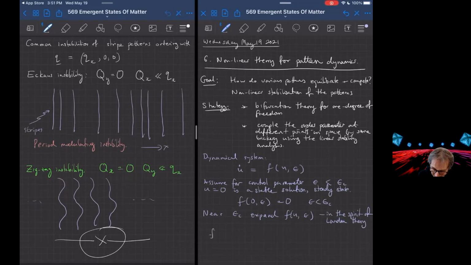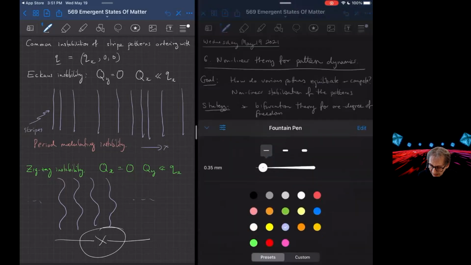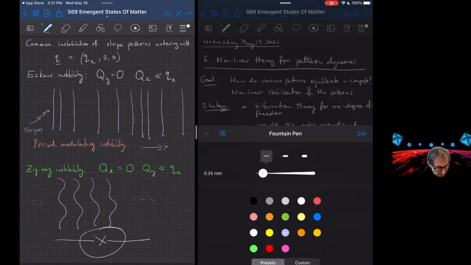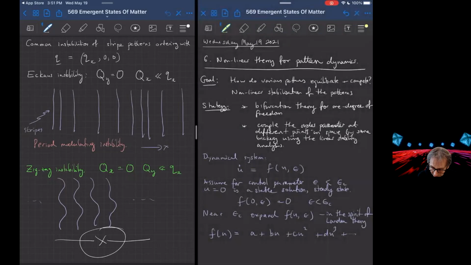So then we're going to get that f of u is equal to a plus b u plus c u squared plus d u cubed, and so on and so forth. Now we know that u equals 0 is a solution of u dot equals 0.